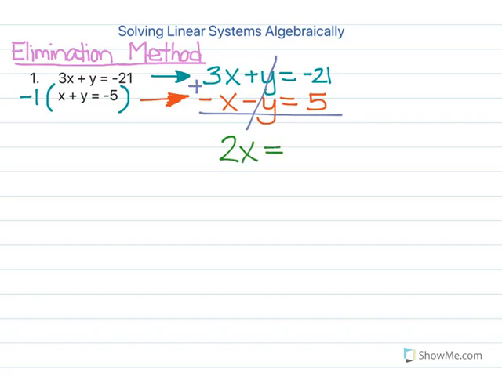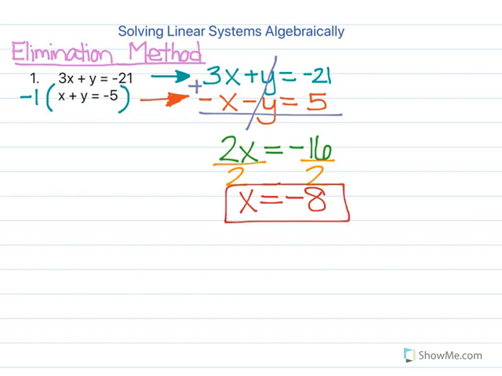And when we add negative 21 and 5 together, we get negative 16. Now we just have an equation to solve for x. So if we divide both sides by 2, we're going to find our x value is going to equal negative 8.